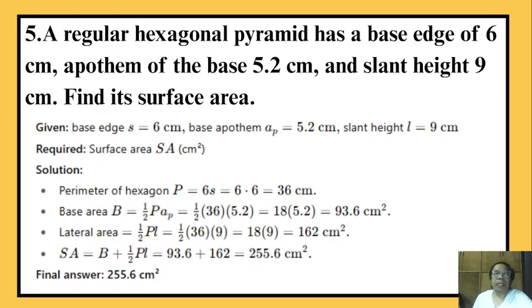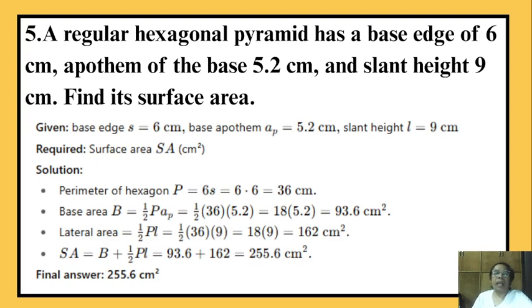So the perimeter is 36 as previously computed. And then the apothem is 5.2. So you have 1 half times 36 times 5.2. And the answer is 93.6 centimeters squared.